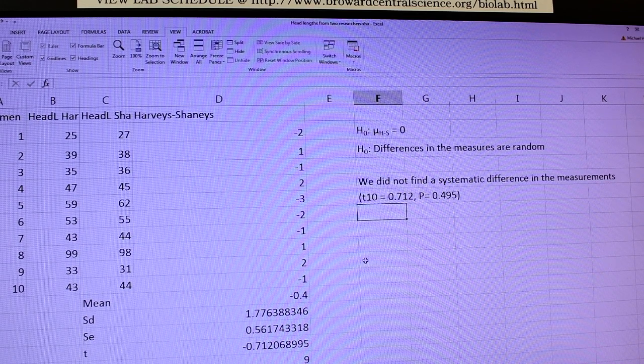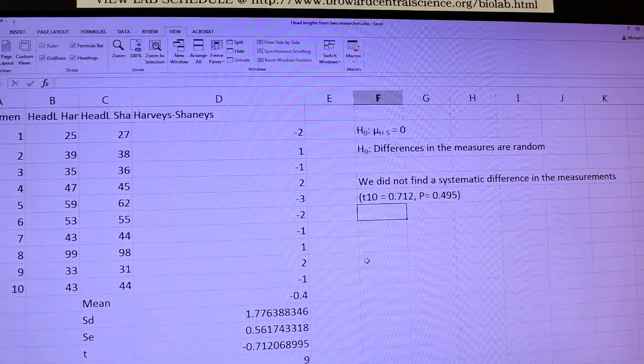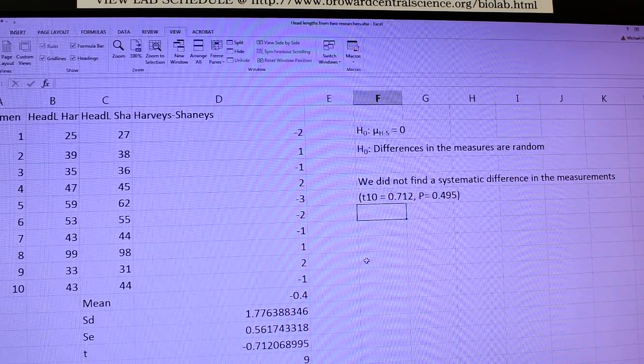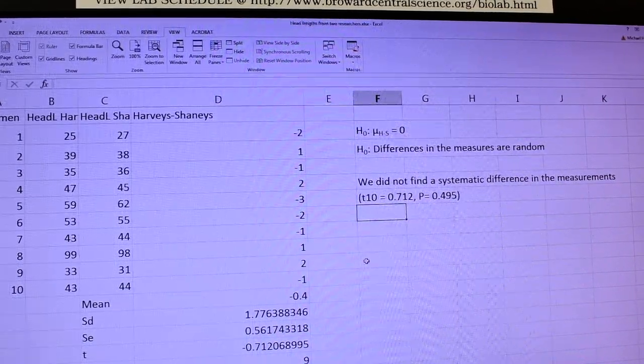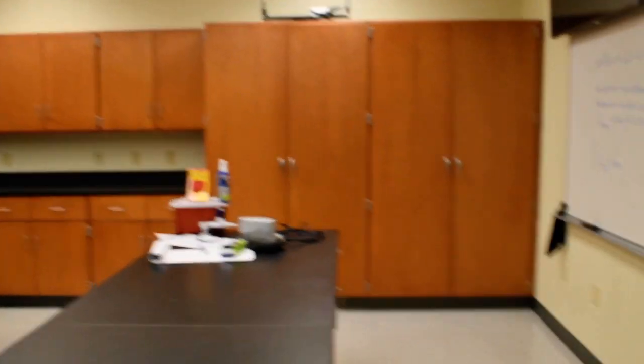Now I want to talk about what you do when you have multiple comparisons. So we're going to go back to the whiteboard to see how to handle this. I'm just going to rearrange the camera for a minute, if you'll bear with me.